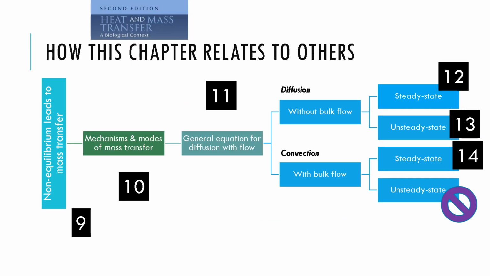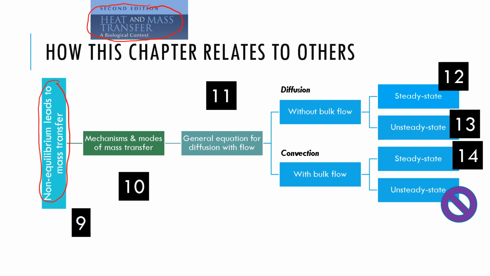Here we see how this chapter relates to other chapters in the mass transfer section of the textbook that we are following. So chapter 9 had to do with conservation of mass.